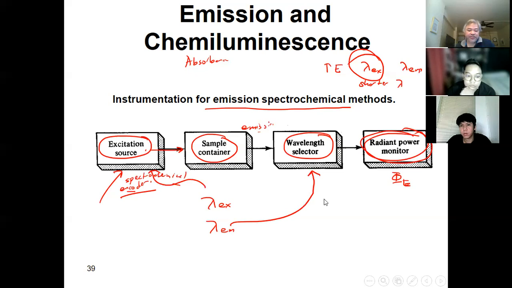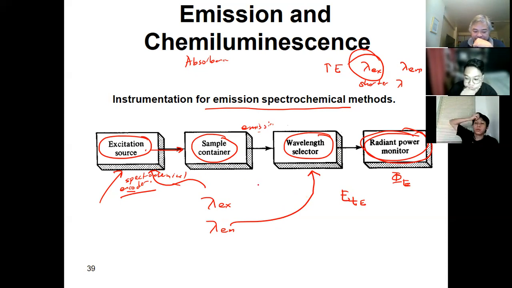So if we're going to look at the electrical signal of the sample, it's usually what? The composite signal, like ETE. So this total signal is the sum of the analytical signal, the dark signal, and the background emission signal.